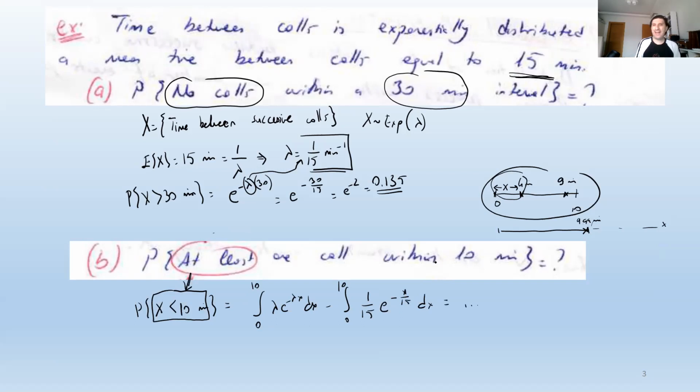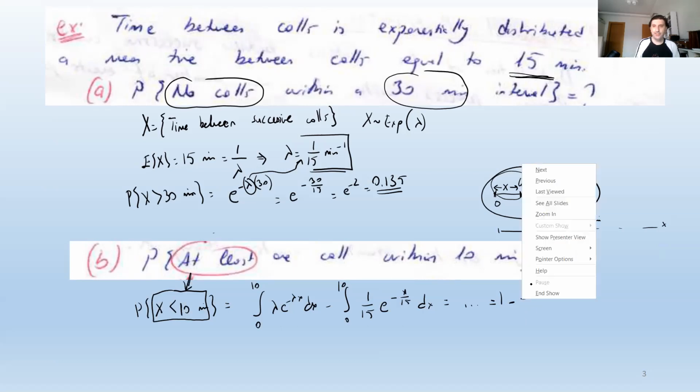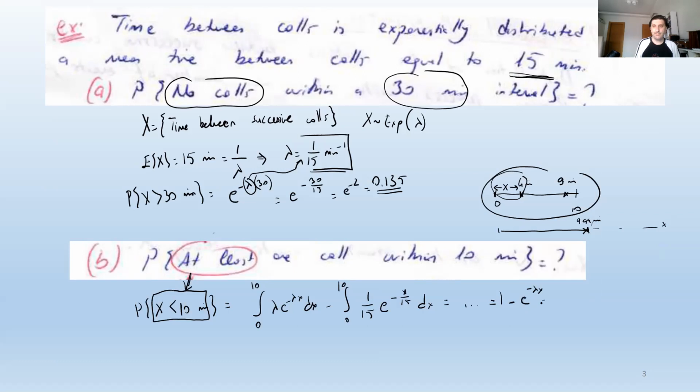And actually, if you practically solve this, note that X greater than some value is this one. So 1 minus this value corresponds to the cumulative distribution function. So this is going to be equal to 1 minus e^(-lambda x), which is going to be equal to 1 minus e^(-10/15), I'm sorry. And this is going to be equal to 0.487.